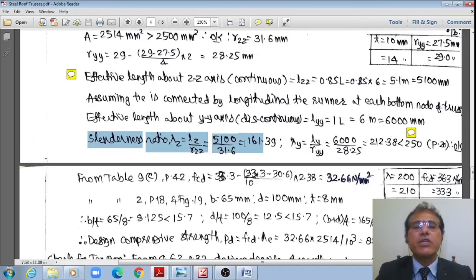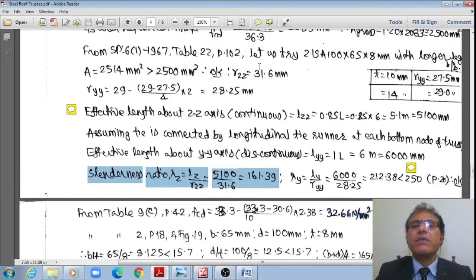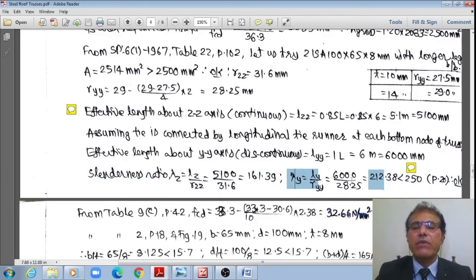Therefore, the slenderness ratio about the major axis, lambda Z is equal to LZ divided by RZ, which is 5100 divided by 31.6, 161.39. Whereas about the minor axis, slenderness ratio is equal to LY divided by RYY, which is 6000 divided by 28.25. It is 212.38.